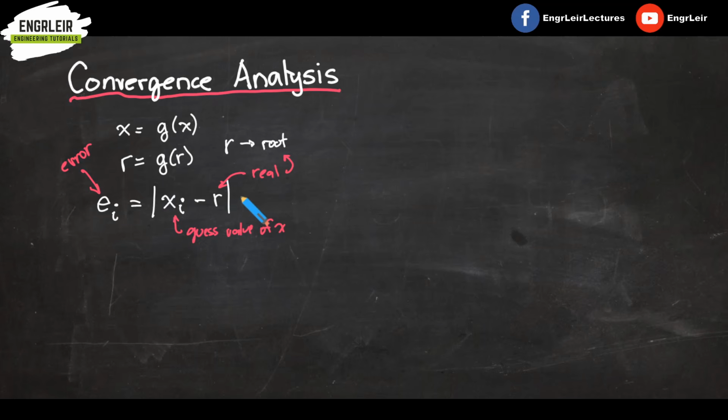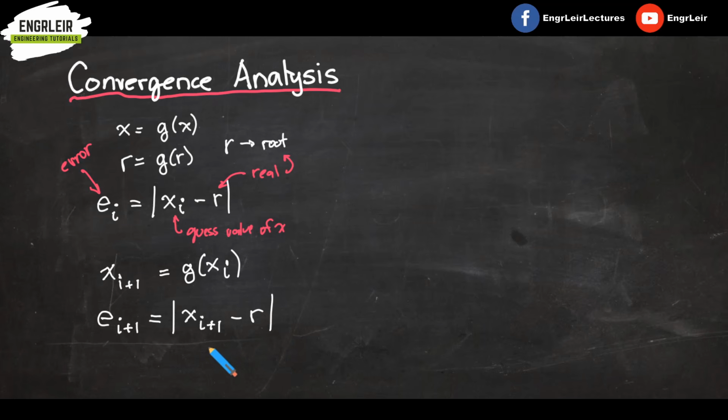Our iteration is actually x sub i plus 1. Kaya may plus 1 kasi the new value ng x is equal to g of x sub i. Ganon, diba? And yung next error, yung error nung susunod, i plus 1, is yung value ng x sa iteration na yon, so nag plus 1 ka rin dito, minus syempre yung root.